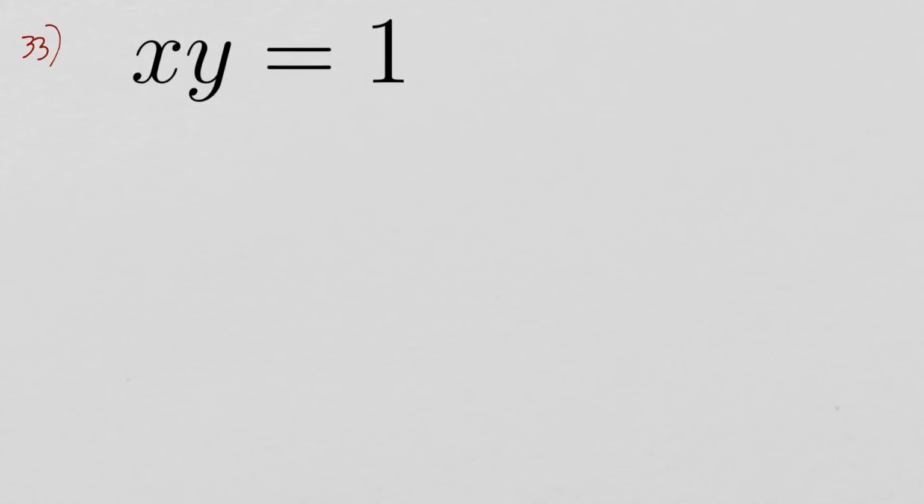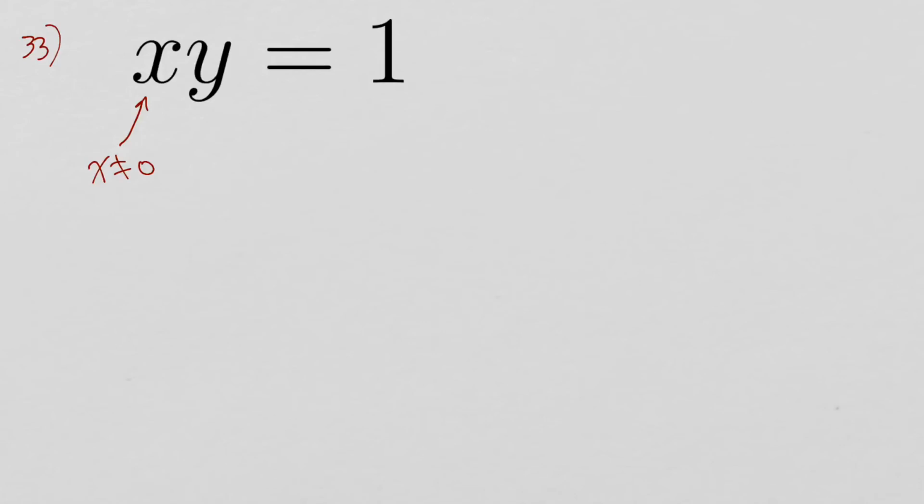Okay, in this problem, there's really almost no restriction on x, except x cannot be equal to 0. Because if x were 0, there is no y that exists that would have the product xy be equal to 1. So x could be anything but 0.